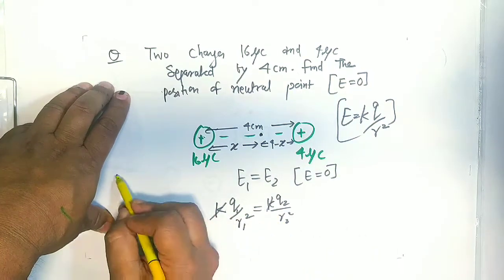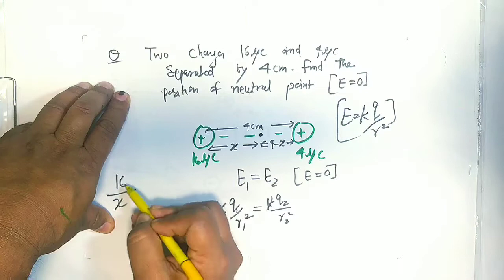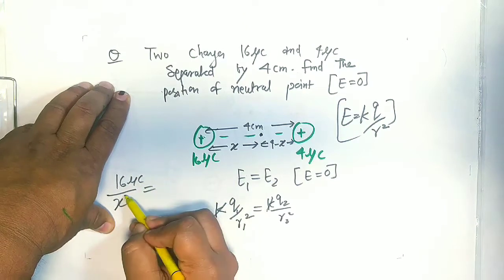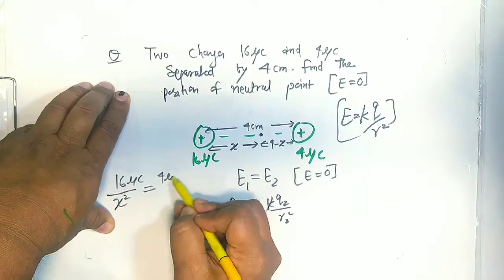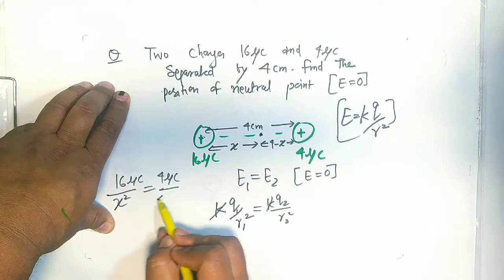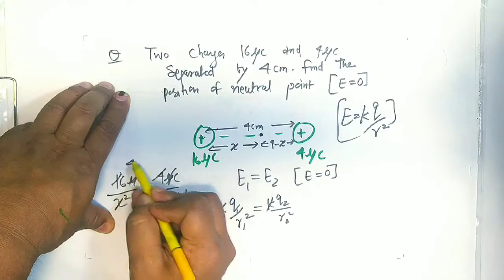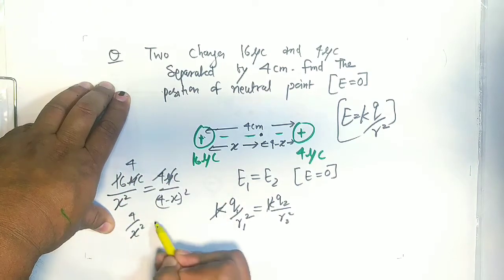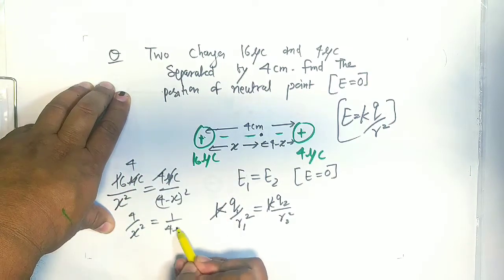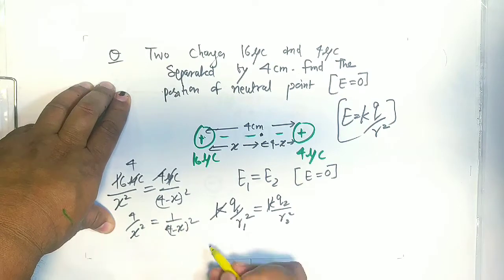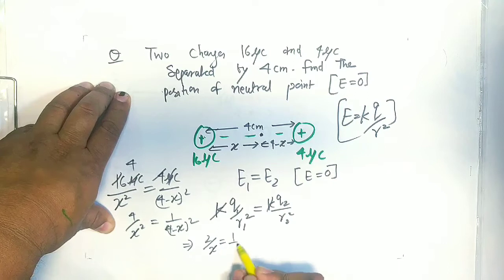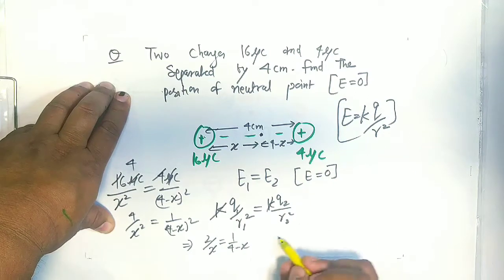K will be cancelled out. This is 16 by x square, and this is 4 by 4 minus x whole square. So cancel out 4: 4 by x square equals 1 upon 4 minus x whole square. And finally the square will go out. So 2 by x can be written as 1 upon 4 minus x. Solve it out.